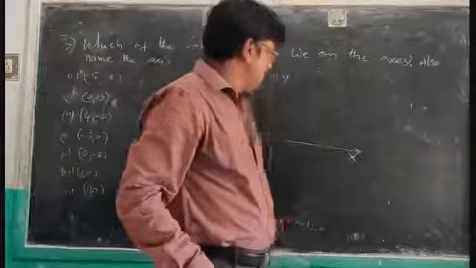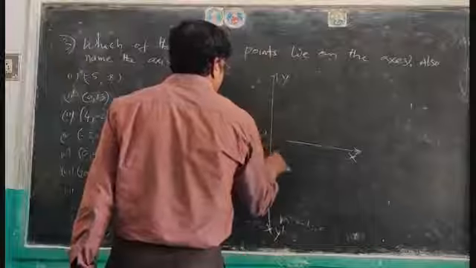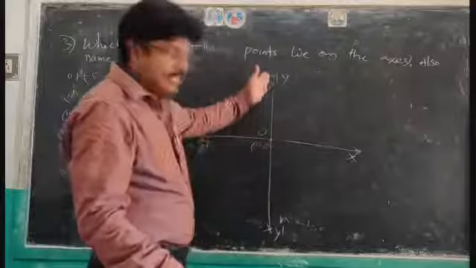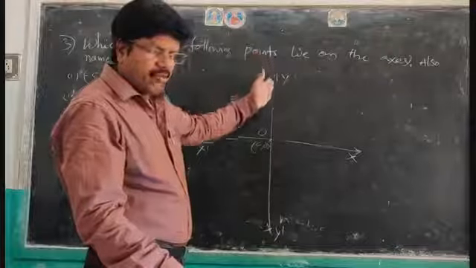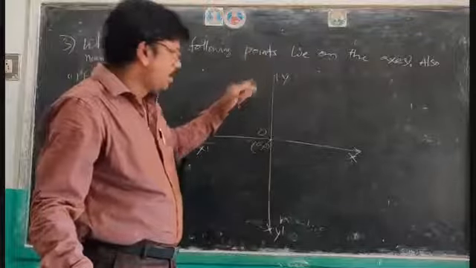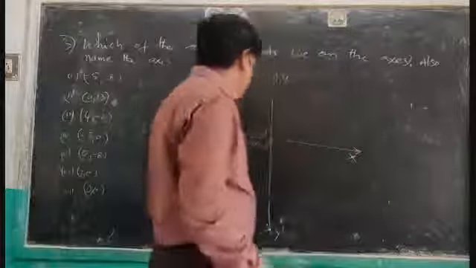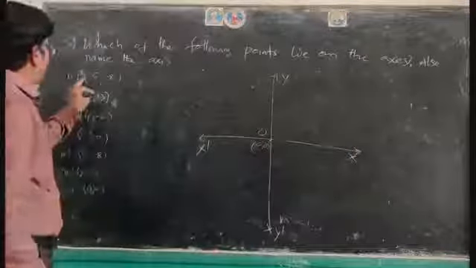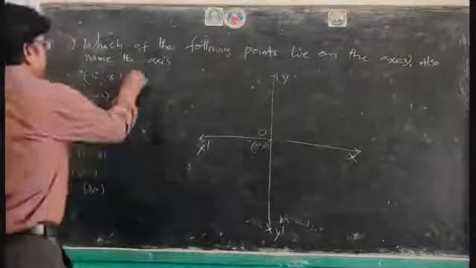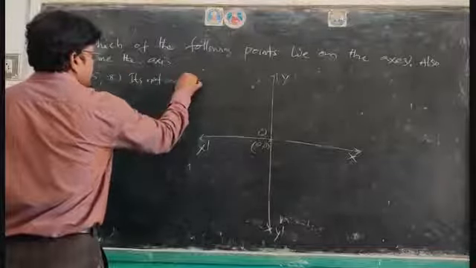Do you remember? This is the origin O (0, 0). On the y-axis, x is always 0. On the x-axis, y is always 0. (0, -5) is not on the axis.